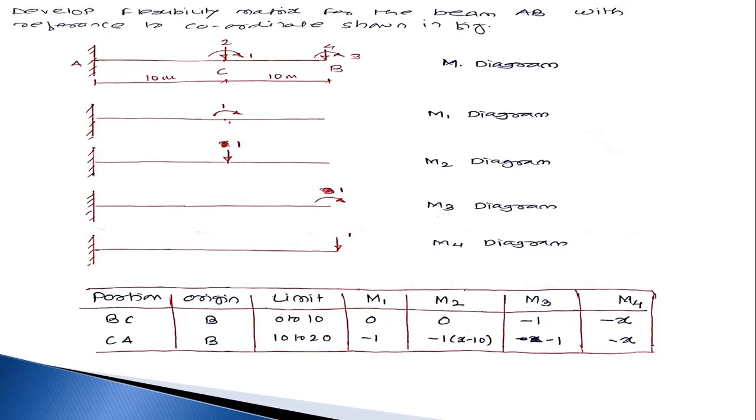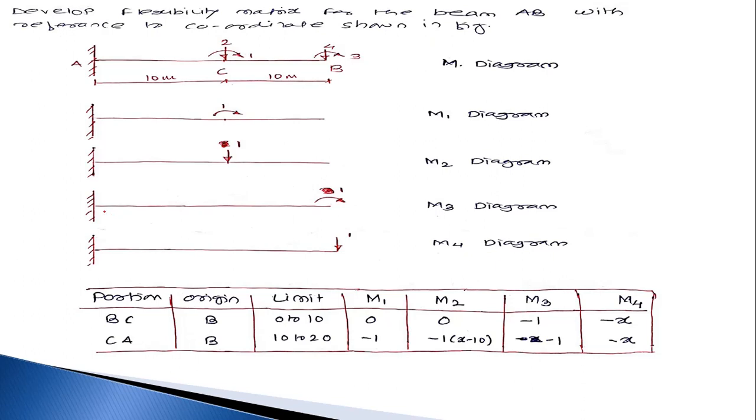Then next, remove all coordinates and just take a point load at C. These are unit coordinates, meaning the moment is 1 kilonewton meter, or the force is 1 kilonewton. Whatever the moment or force, the intensity is 1. Then this is called the M2 diagram.